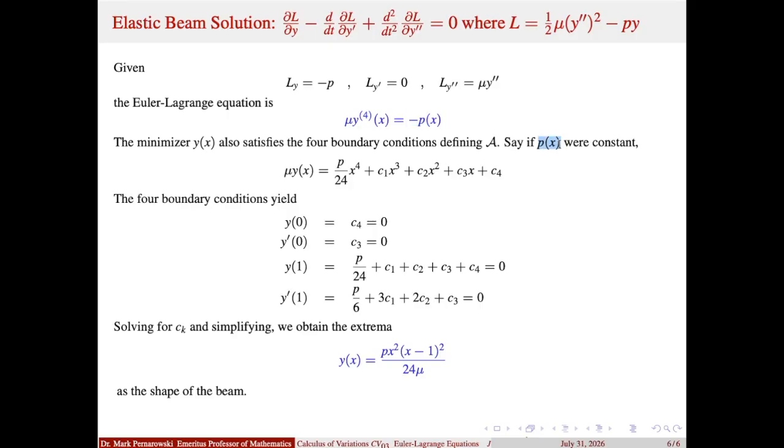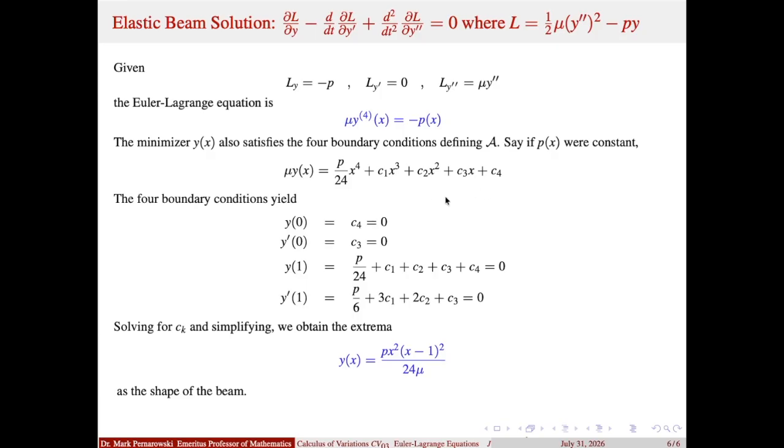And so you know what that means. So that could be, for instance, the case that it's a beam that has the same lineal density all the way along. So the load per unit length is going to be p, a constant. So in that case, I can integrate this thing 4 times and I get this expression here where I have C1, C2, C3, C4, all arbitrary constants.